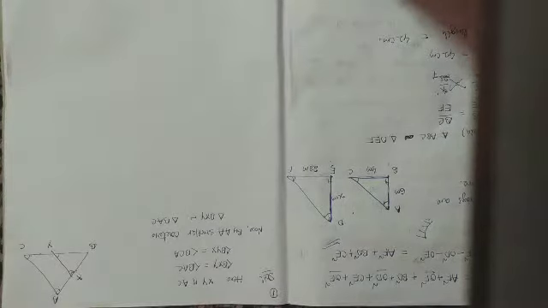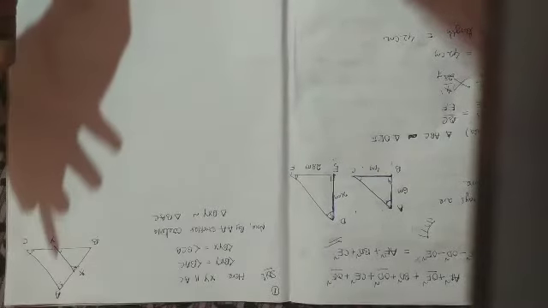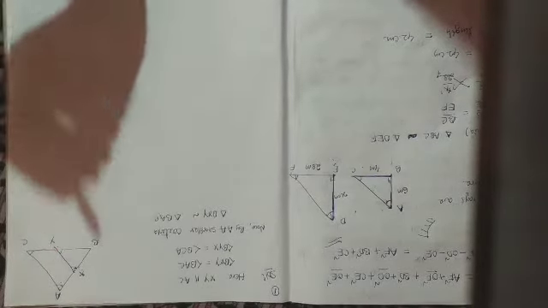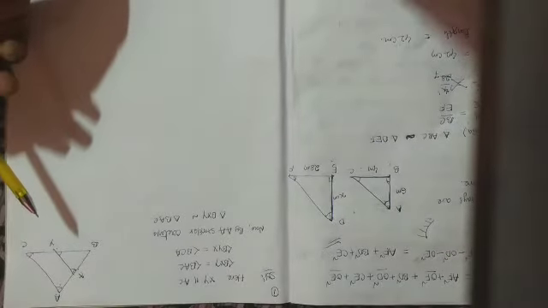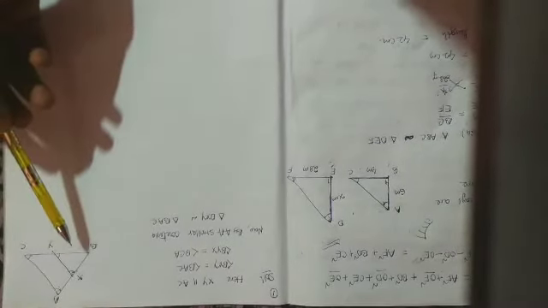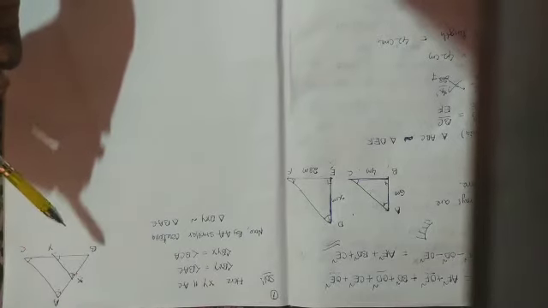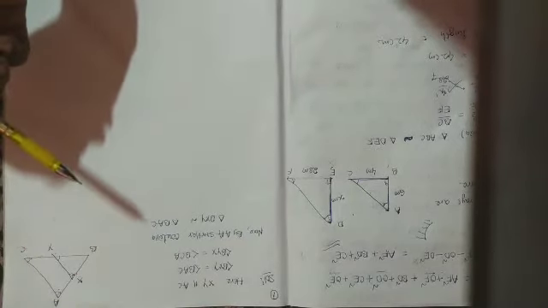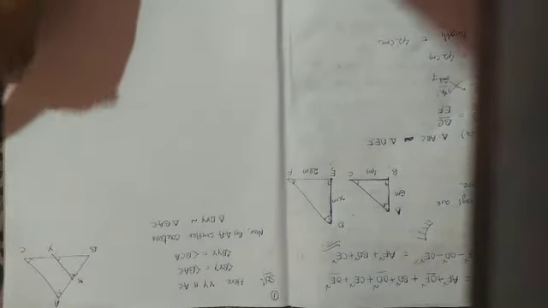Triangle BXY is similar to triangle BAC. If two triangles are similar, I already explained theorem number 6.6. If two triangles are similar, then the ratio of their areas will equal the square of the ratio of the corresponding sides.